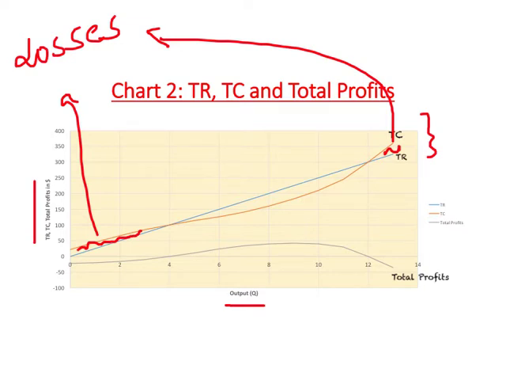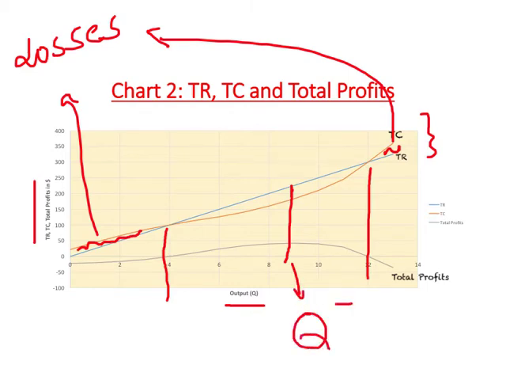Then you find this zone, say from here to here, where total revenue is greater than total cost. If we want to find the point where the firm makes maximum total profits, we look at the vertical distance, and wherever it is the highest, you drop this point down, and what you get is the equilibrium level of output.